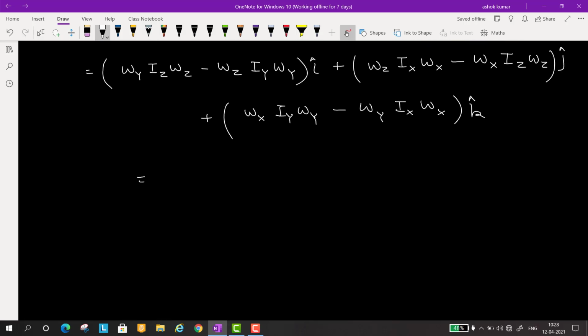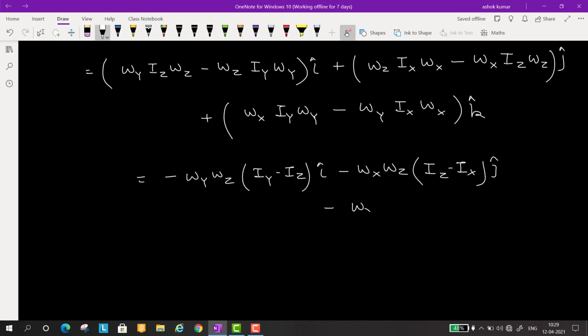So if we take something common from here, it will be minus omega y omega z (Iy minus Iz) i cap, minus omega x omega z (Iz minus Ix) j cap, minus omega x omega y (Ix minus Iy) k cap. So we mark this as equation number 4.